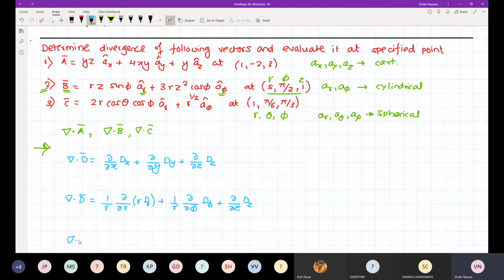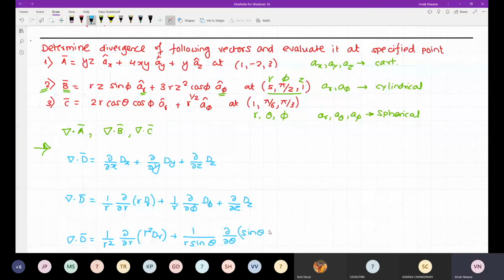And del dot d bar in a spherical coordinate system we have 1 upon r square del by del r of r square dr plus 1 upon r sine theta del by del theta of sine theta d theta plus 1 upon r sine theta del by del phi of d phi.